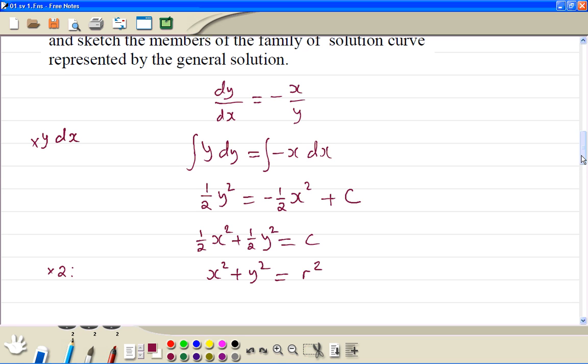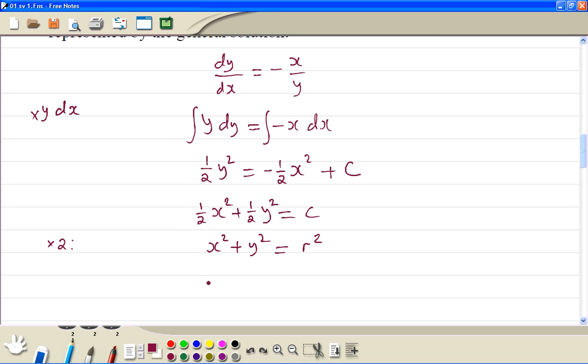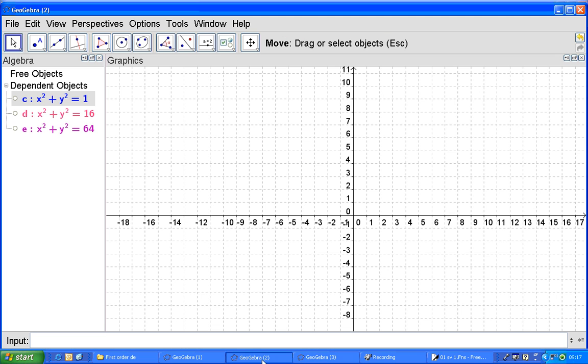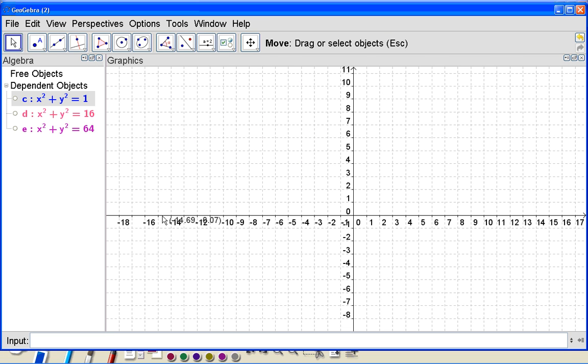Now we can see this is the equation of a circle with the center at the origin, and the radius is equal to r. So our general solution is a circle, the center is the origin, but different values of the radius will produce different circles. So let's see. Now we sketch the graph when the radius is 1 and the center is the origin.